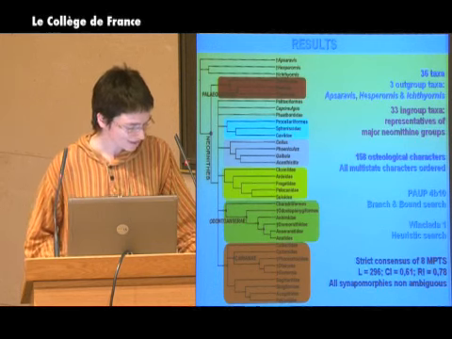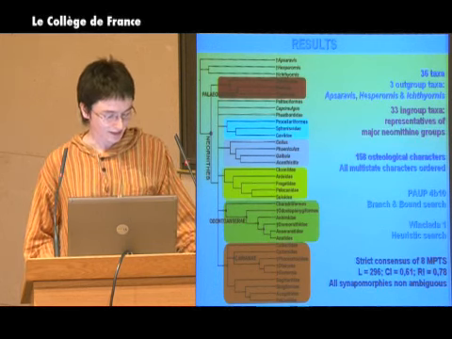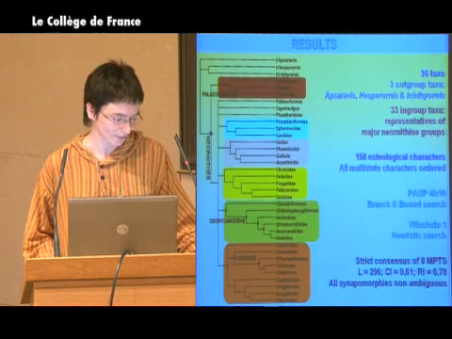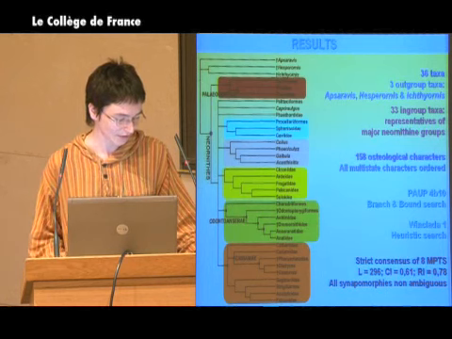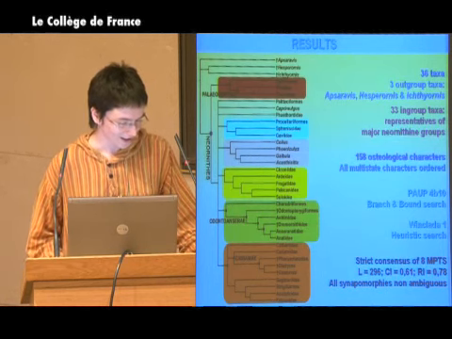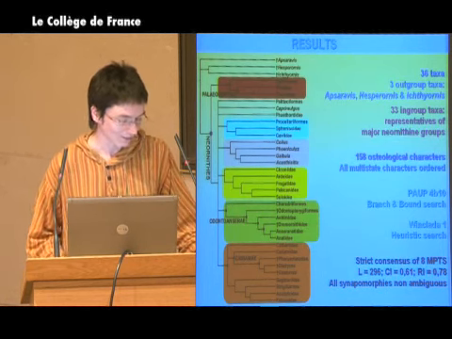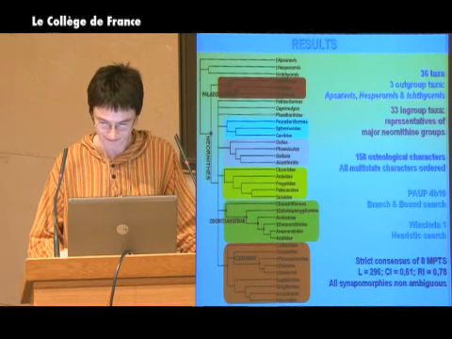So our analysis provides a solid hypothesis for the placement of the three fossil taxa which were presented earlier, and proposes several new higher clades of modern birds. Due to a lack of time, only major results will be presented.